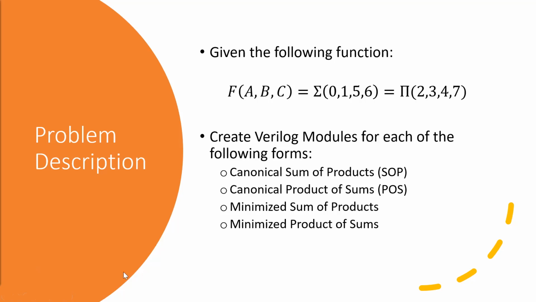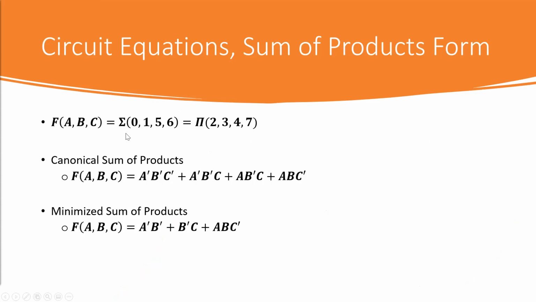Right. We're not deriving the equations here, just giving them, right? I have other tutorials explaining how to derive equations, but canonical sum of products form, right? That's where you solve for the 1s of the circuit output. And we write these in Minterm form. So you can see that here in our equation, this first term here, A naught, and it with B naught, and it with C naught would be Minterm 0, right?